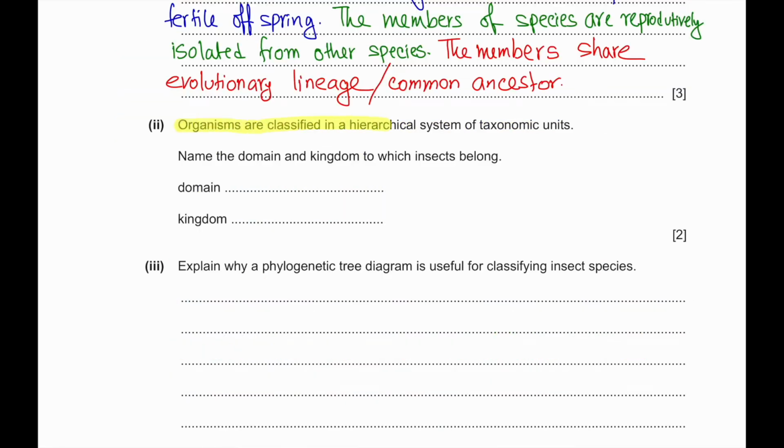Organisms are classified in a hierarchical system of taxonomic units. Name the domain and kingdom to which insects belong. So basically insects belong to Eukaryota because their cells have a nucleus, and the kingdom is Animalia because they're animals.